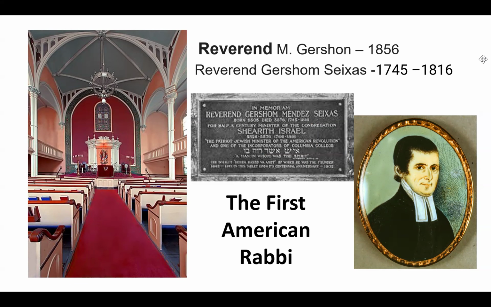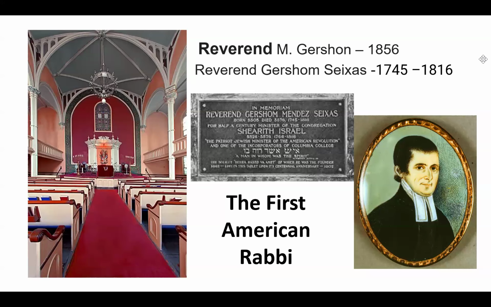Now, the problem with a lot of these synagogues is people were very busy making a living, trying to keep alive. And there were very few rabbis in America. The first one who we call a rabbi today was Gershom Seixas, who was a Sephardic from the Portuguese colony of Brazil, who became the first American rabbi.